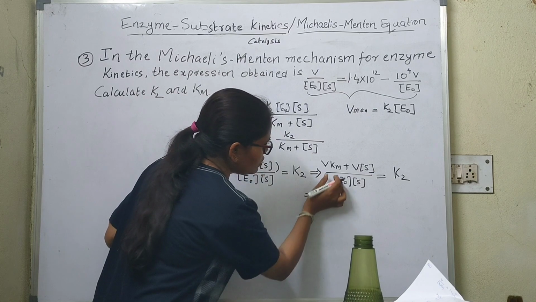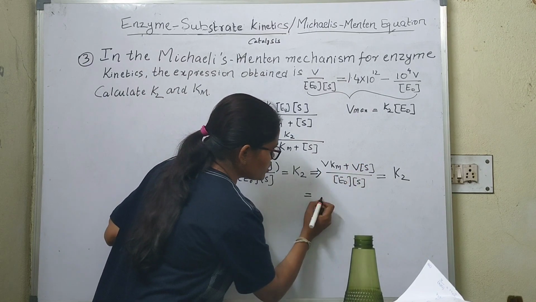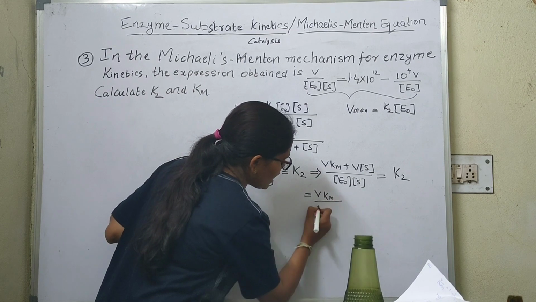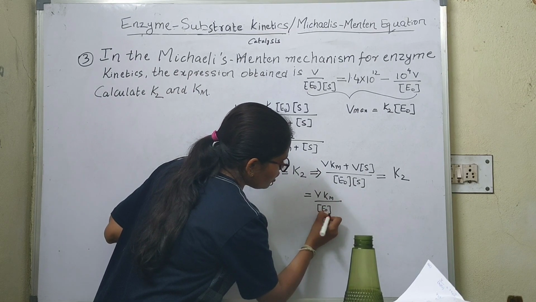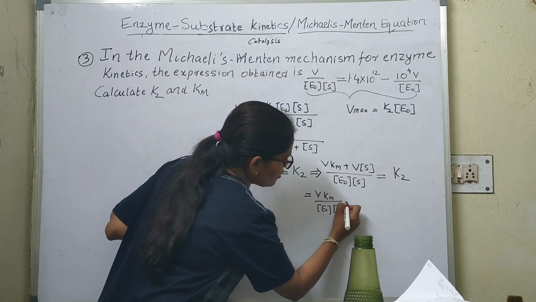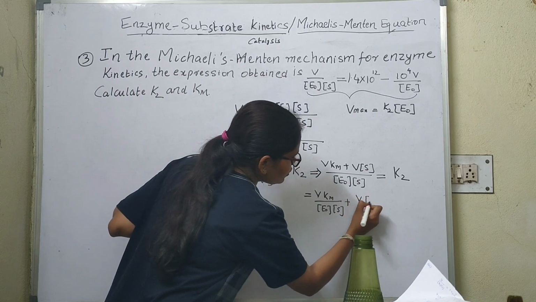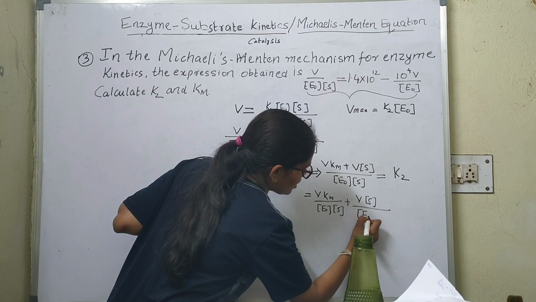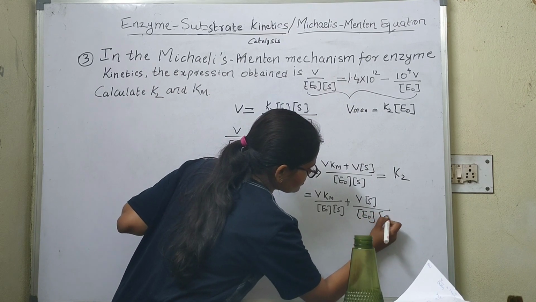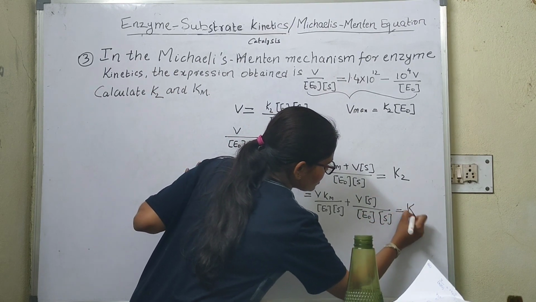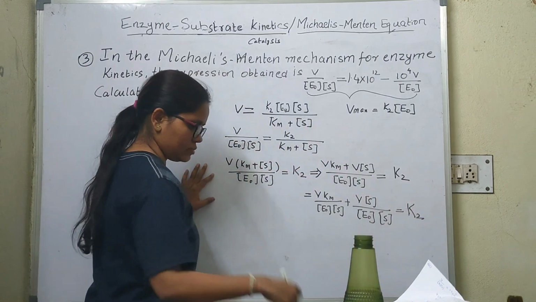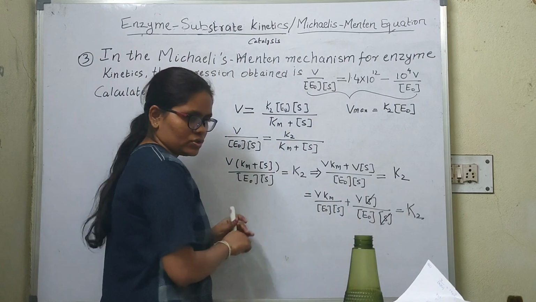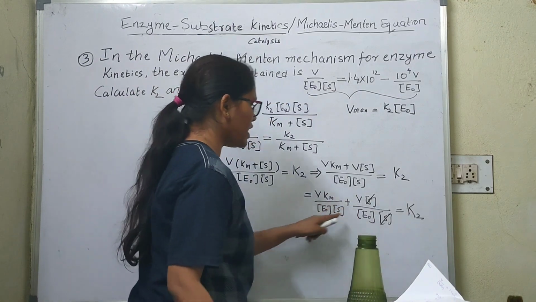So now what can we do? We can split these two terms and write them as V into Km by E naught into S plus V into S by E naught into S is equal to K2. So I can cancel the S term here. So I will be left with V by E naught.